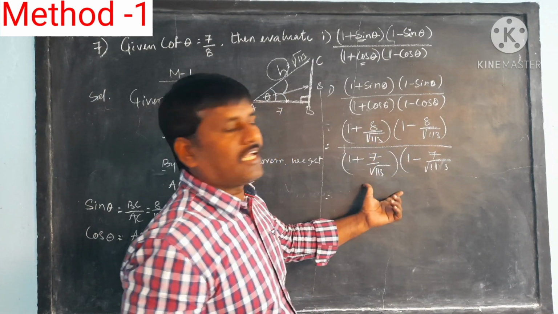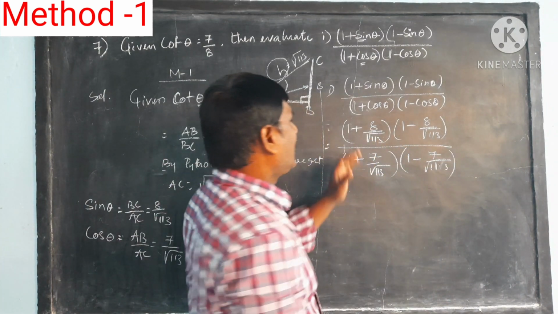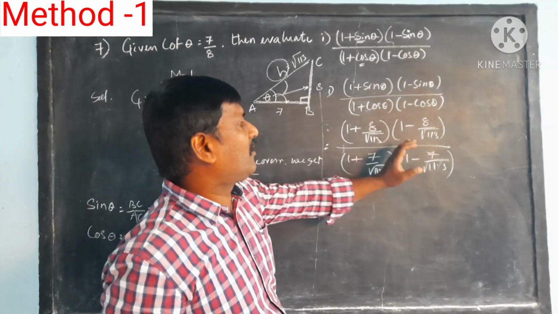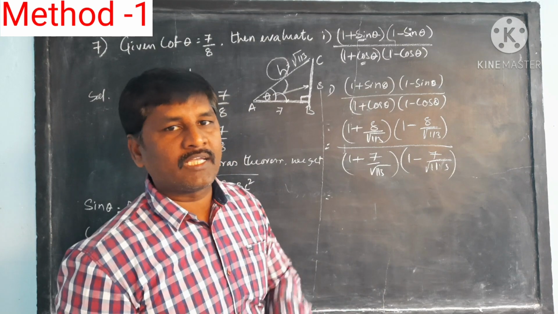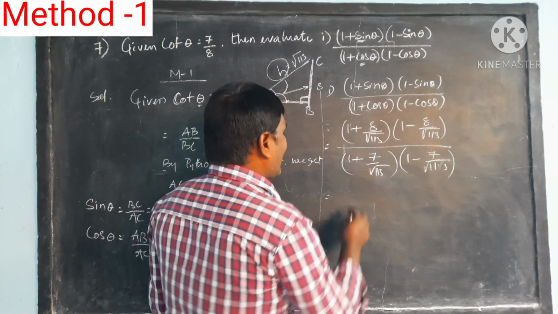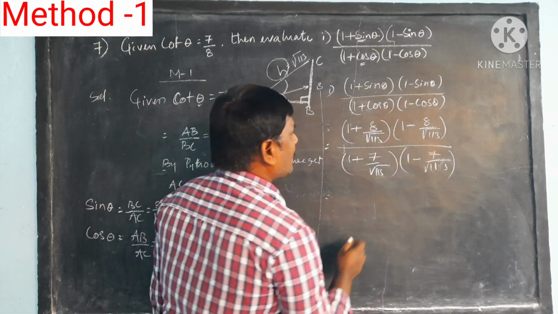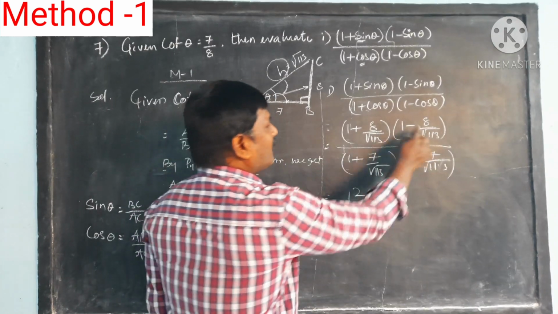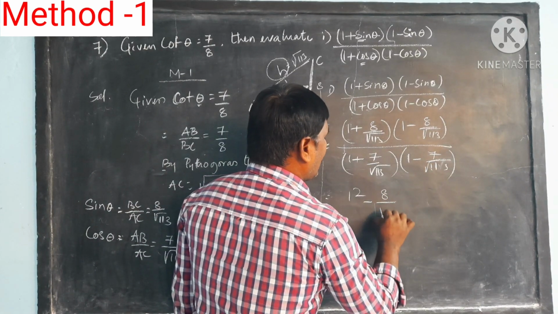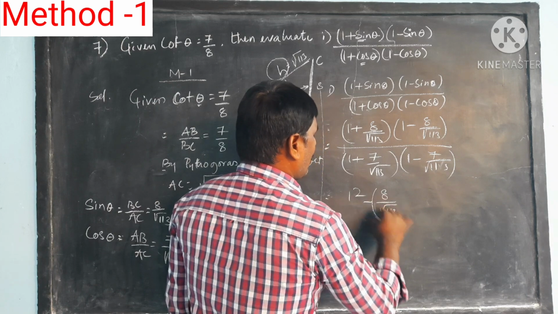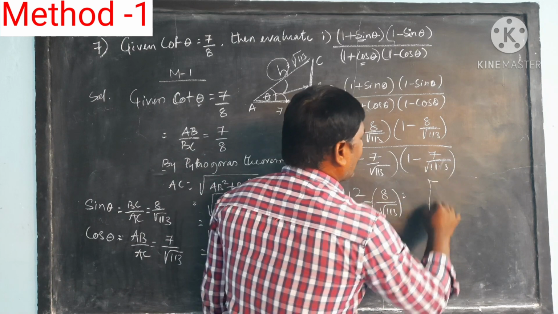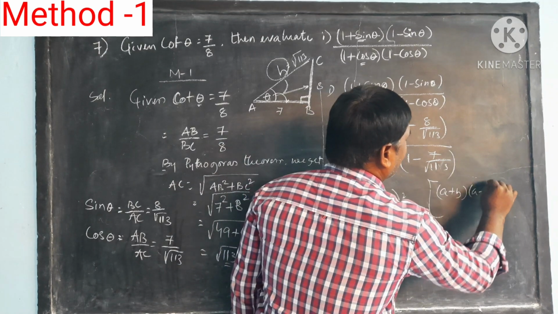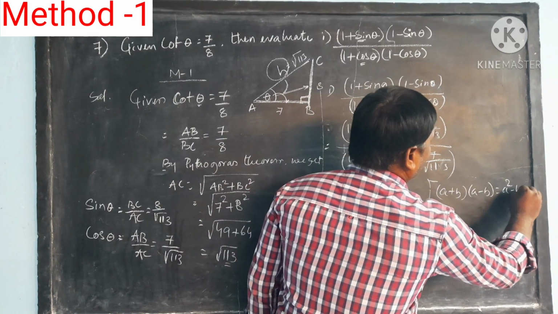Now you have to see the numerator format and the denominator format. They are in the a plus b into a minus b format, and we know that a plus b into a minus b is a square minus b square.